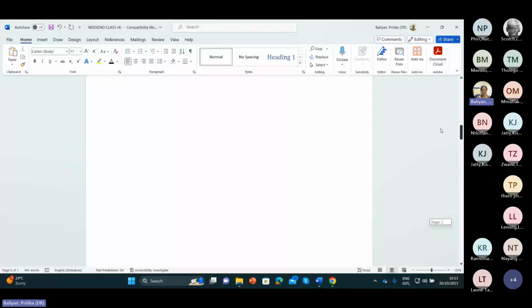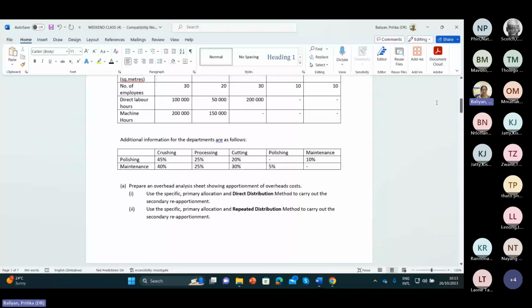The polishing department gets 10% from the maintenance department. 45%, 25, 20 and the 10%. So the 10% will go to the polishing department. So 80,000 plus 10% of the cost of the maintenance department will go to the polishing.